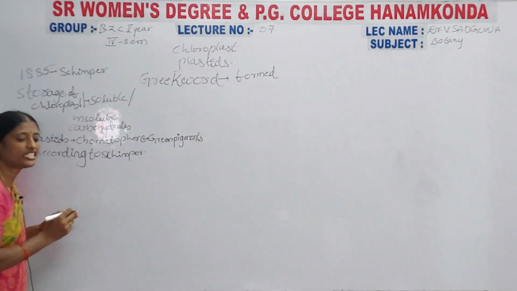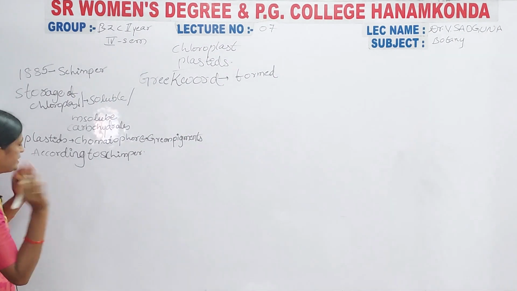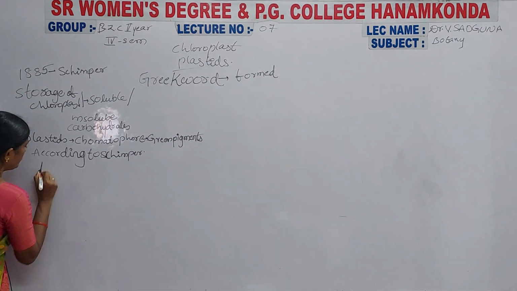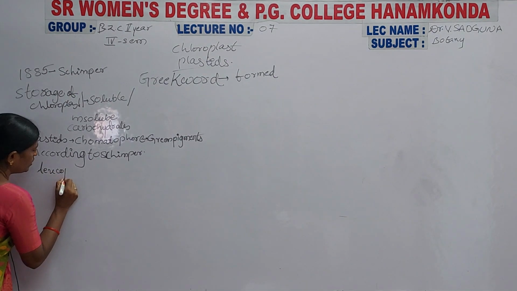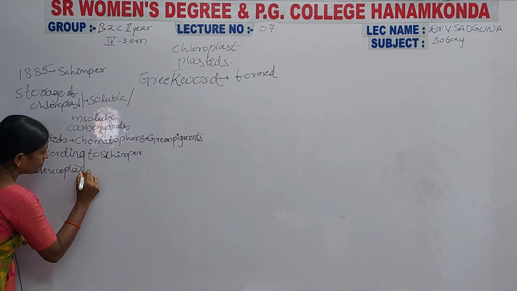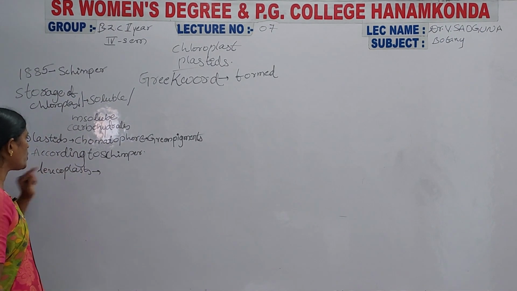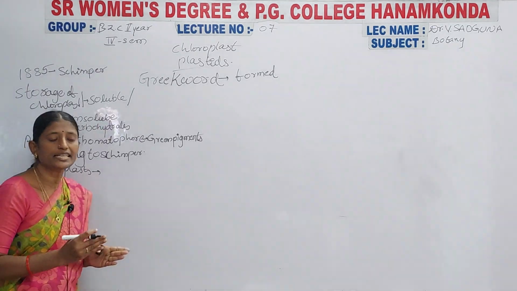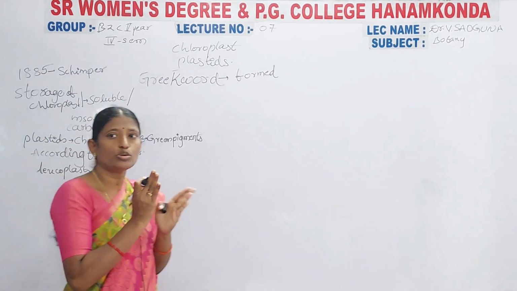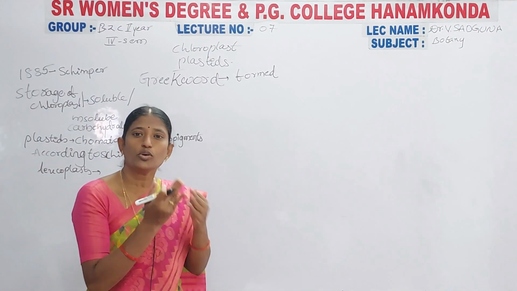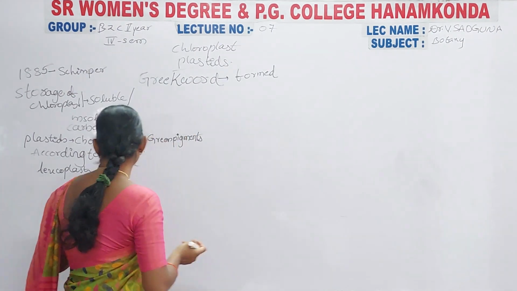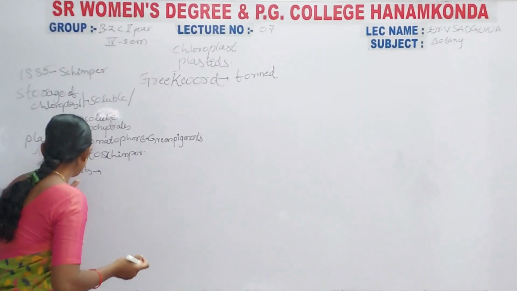The first is the leucoplast. Leuco means white, as in leukocytes or leukemia. These are different kinds of words.